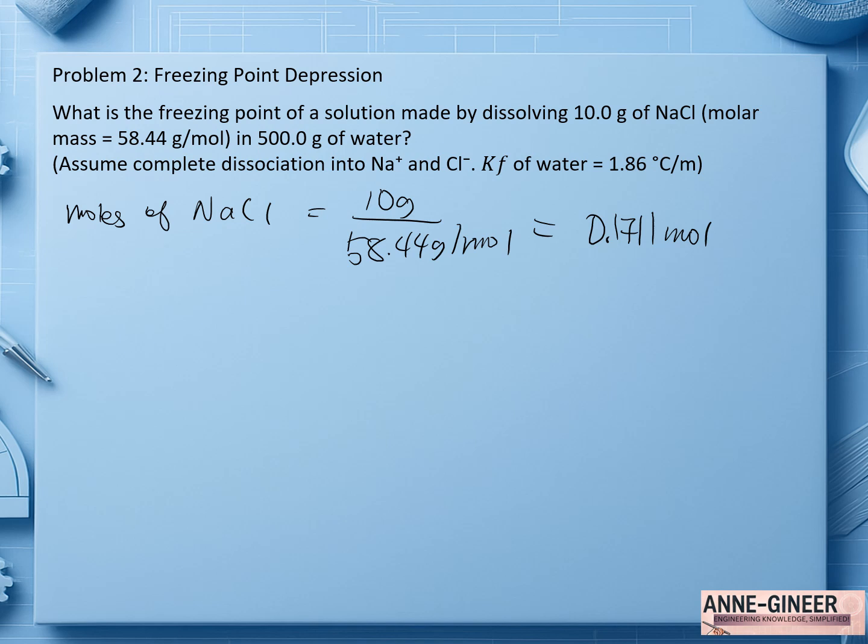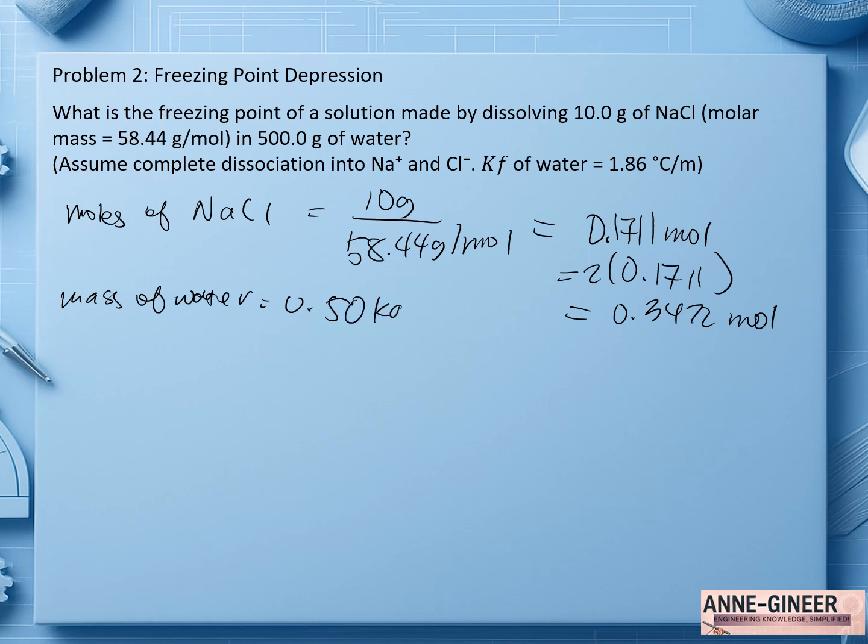Since NaCl dissociates into two ions, let's multiply this by 2. So this is 2 times 0.1711, which is equal to 0.3422 mole. The mass of water should be 0.50 kilogram.